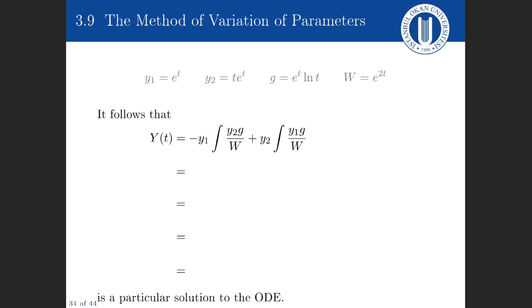So let me just recap what we have so far. Here's the formula that we want to use. The particular solution that we're going to find is minus y1 integral of y2g divided by w plus y2 integral of y1g divided by w. And our functions are at the top. y1 is e to the power t, y2 is t e to the power t, function g is e to the power t ln t, and the Wronskian of y1 and y2 is e to the power 2t.